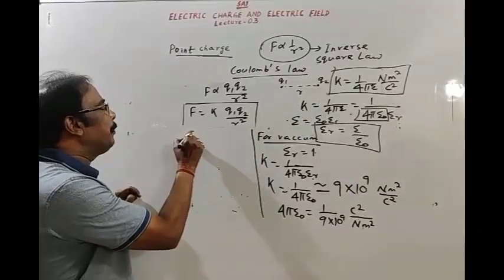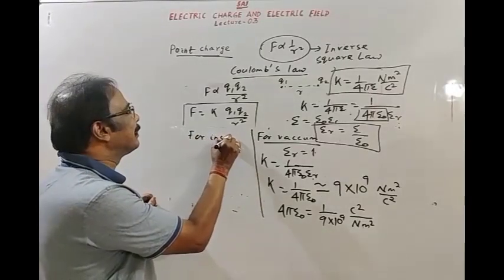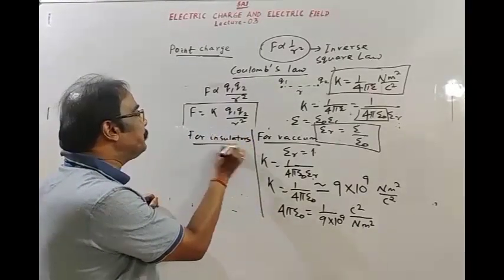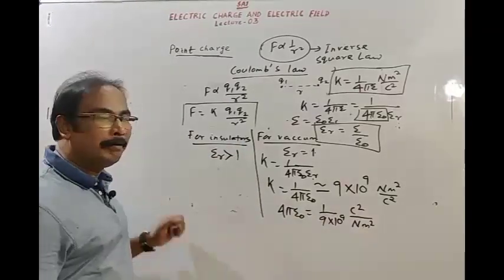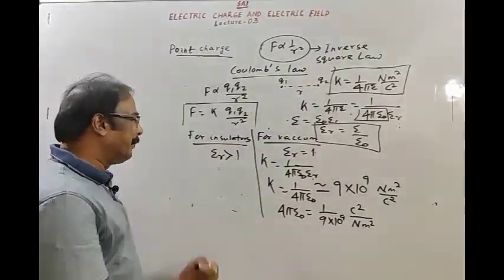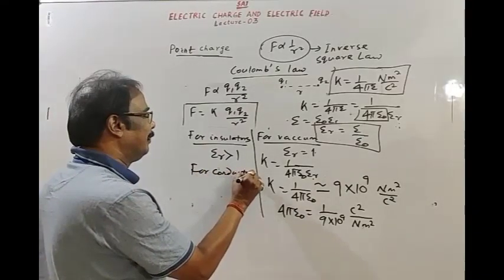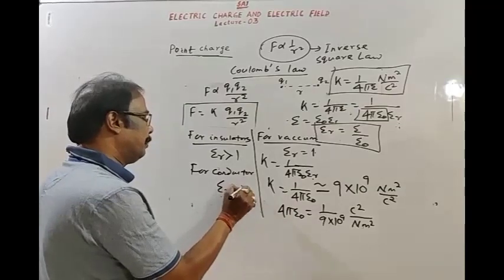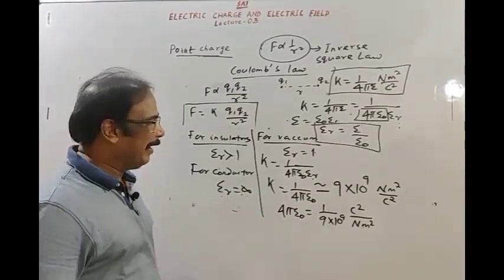And I think we have discussed for insulators, usually the value of epsilon r, the relative permittivity, is greater than 1, maybe 2, 3, 4, 5, etc. For a conductor, the value of epsilon r is infinity.